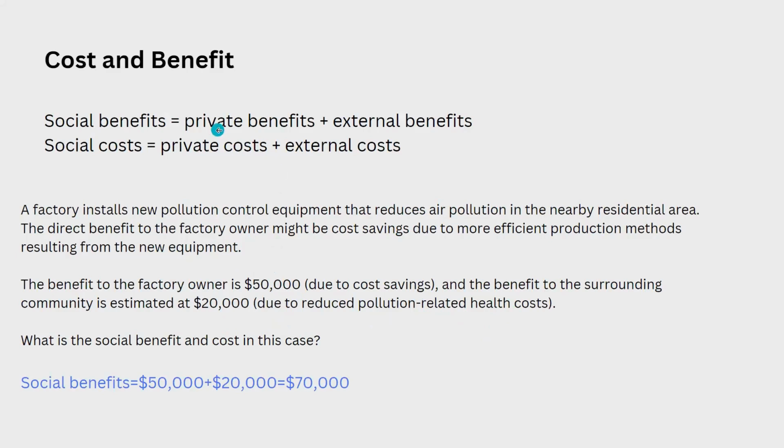That's why it has been accounted as private benefit. The benefit to the community is external to the factory, so it doesn't affect only the factory or its owner. It benefits externally. That's why it has been regarded as external benefit. So it's $50,000 plus $20,000. So the social benefit is $70,000.